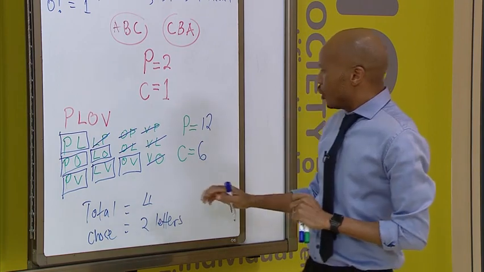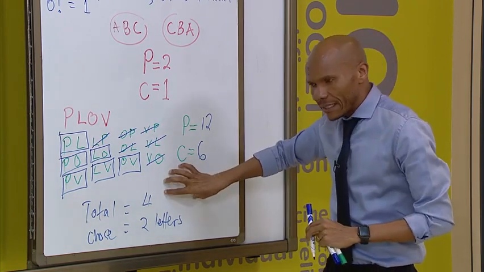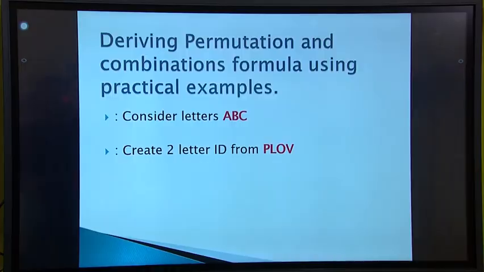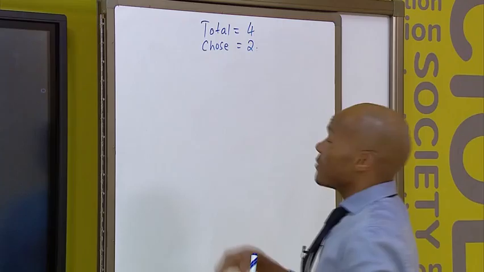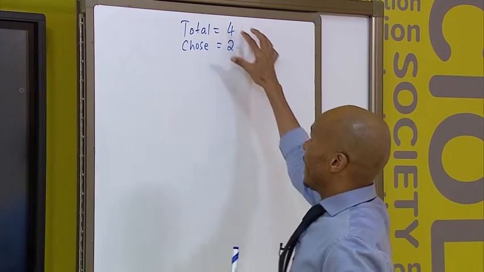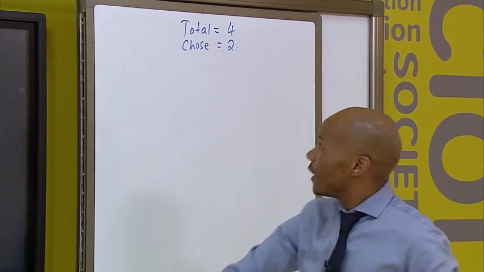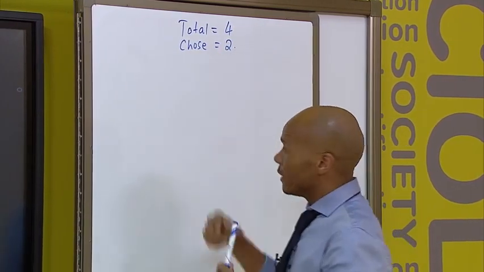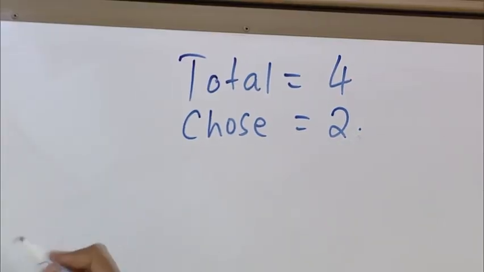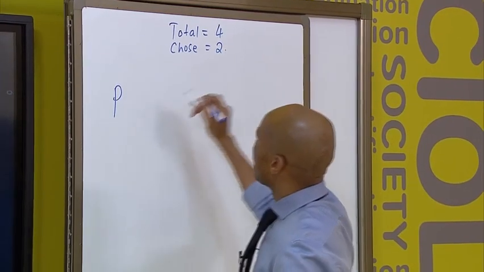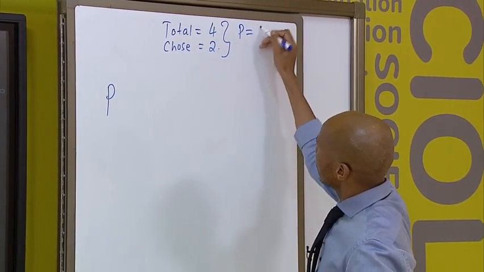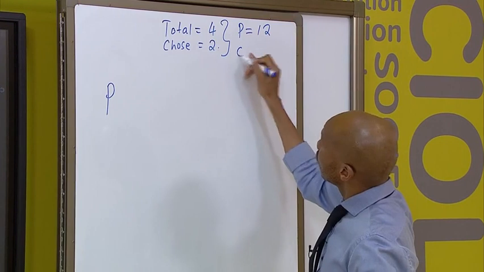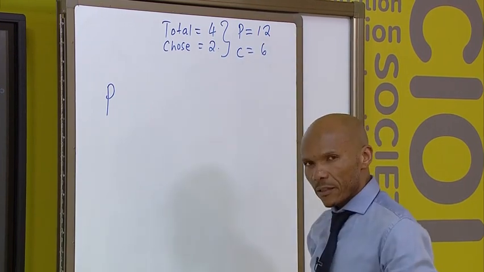Now, let's look at how we can derive the formula. All right. Remember, PLOV had 4 letters and we chose 2, right? And we know that our permutation was 12, combination was 6, right?